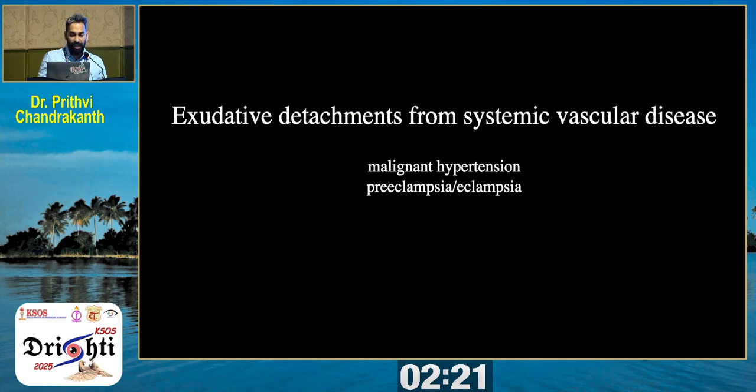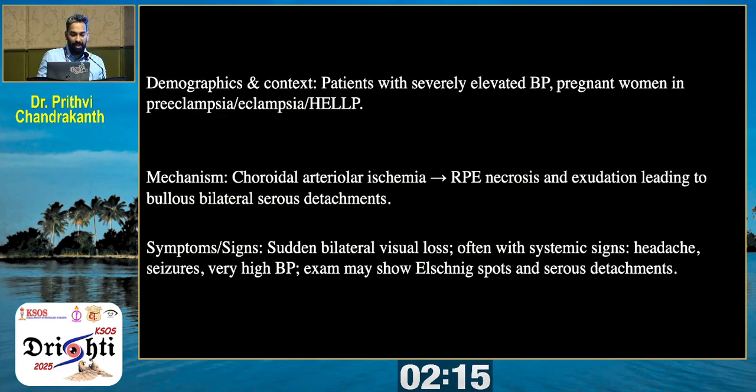Then we have exudative detachment from systemic vascular diseases like malignant hypertension and preeclampsia. It occurs in patients with severely elevated BP, and in pregnant women with preeclampsia, eclampsia, and HELLP syndrome. The mechanism here is choroidal arteriolar ischemia, which causes RPE necrosis and exudation, leading to bullous bilateral serous detachment.